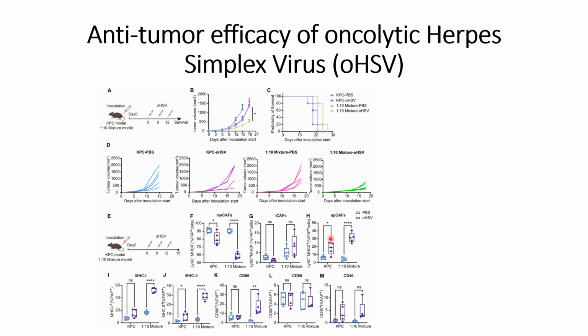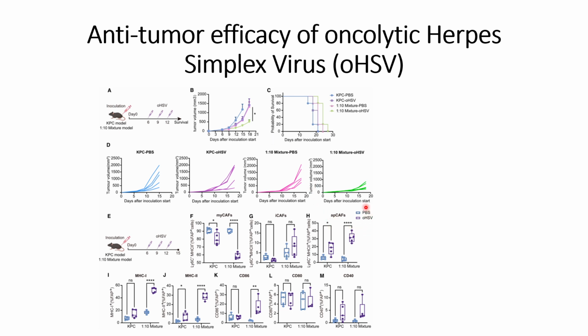So this also helps us to know why the 1:10 mixture model shows a high response against oHSV, because it has more antigen presenting CAF, and this antigen presenting CAF has the ability to be detected by the immune cells better.